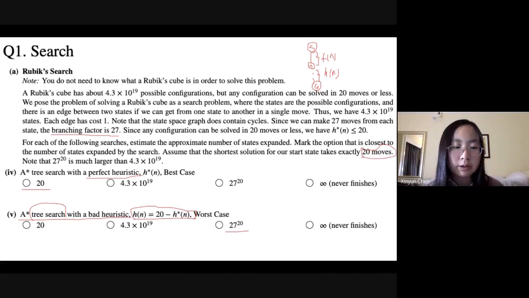But basically it is a tree search, so why is the answer not infinity? Because we know that for this Rubik's search algorithm, each time we explore one more step in the search, the cost will also be added once. Like noted in the first paragraph, each edge has cost 1.